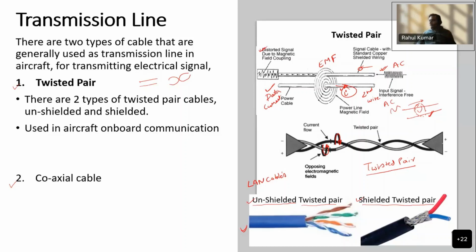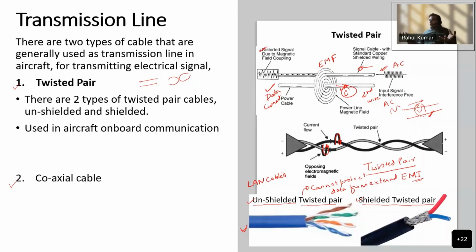Unshielded twisted pair cannot protect data from external electromagnetic interference. Now obviously in an aircraft you have so many wires and so many electronic equipments, right?